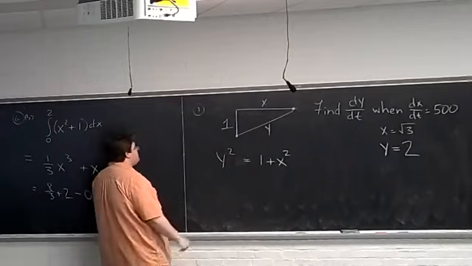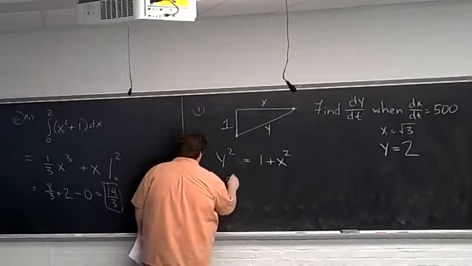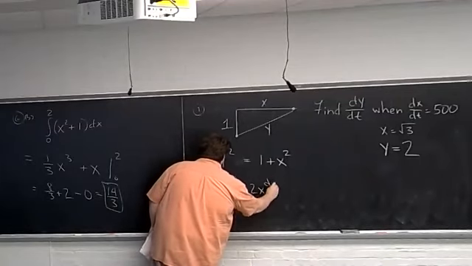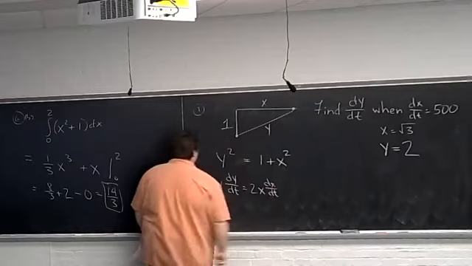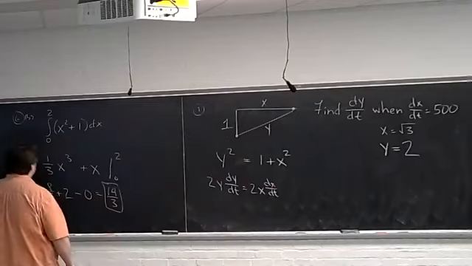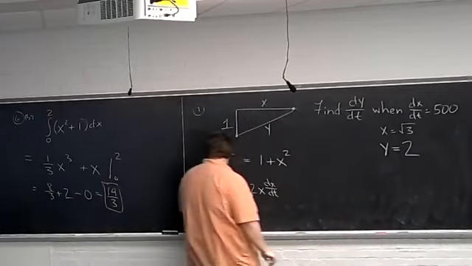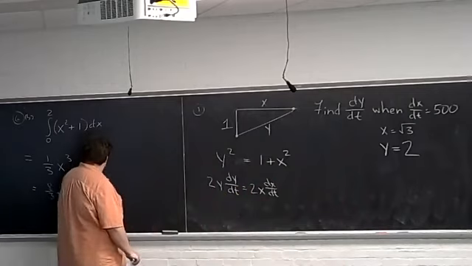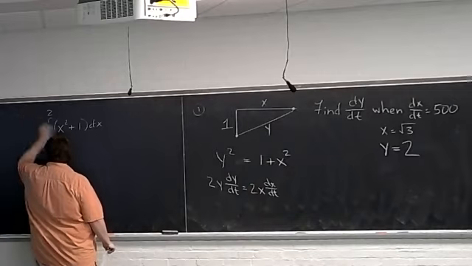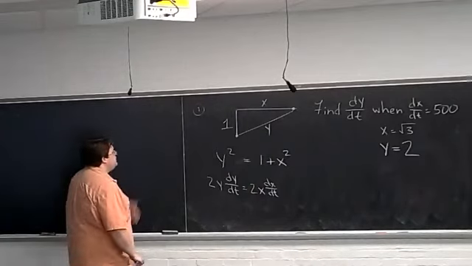Differentiate with respect to time. x and y are functions of time, so by chain rule, dy/dt and dx/dt are going to show up. The derivative of y squared with respect to time is 2y times dy/dt. The derivative of x squared with respect to time is 2x times dx/dt, since x and y are both functions of time. Those rates are non-zero. Now we just need to substitute.